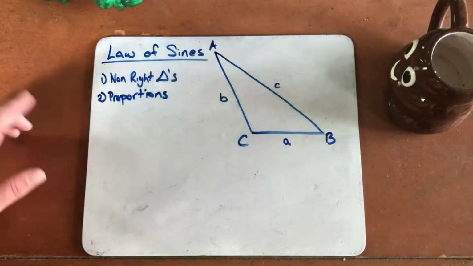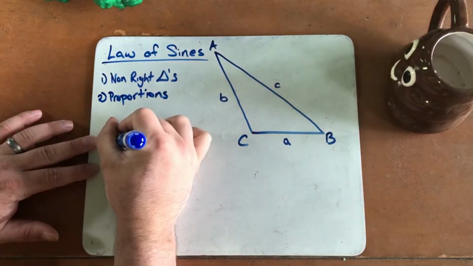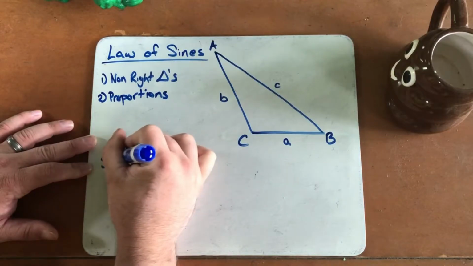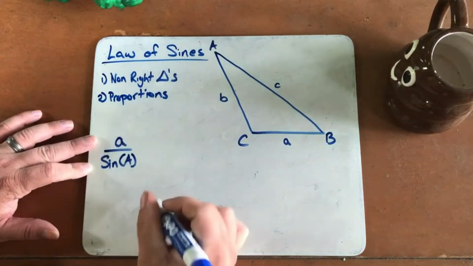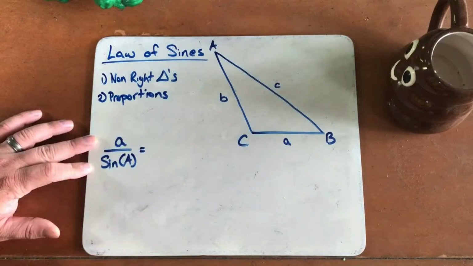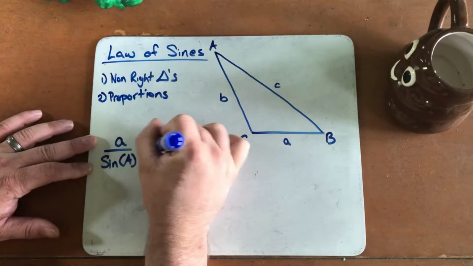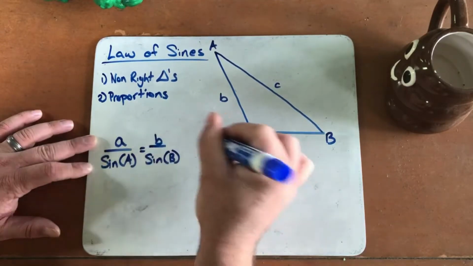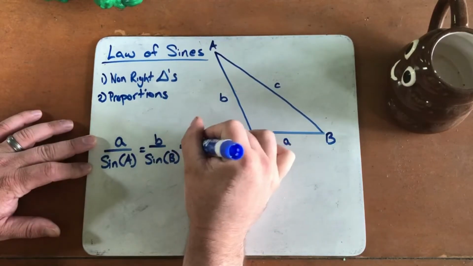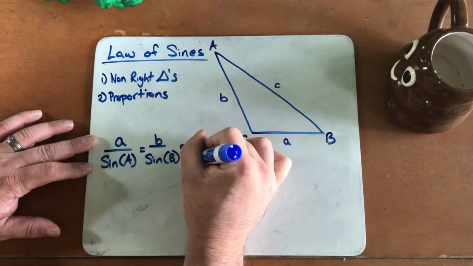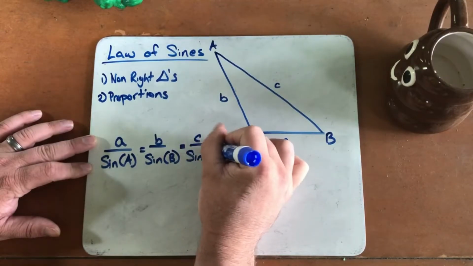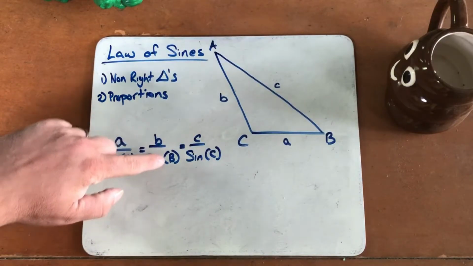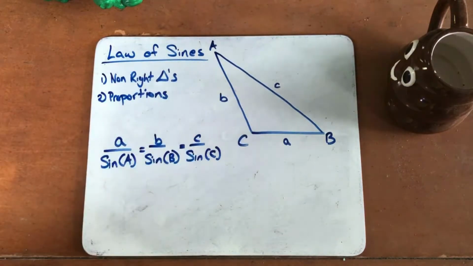My proportions are this: side A divided by the sine of angle A should be equal to side B divided by the sine of angle B, which should be equal to side C divided by the sine of angle C. So notice that the opposite side matches up with the angle, opposite side matches up with the angle, opposite side matches up with the angle.